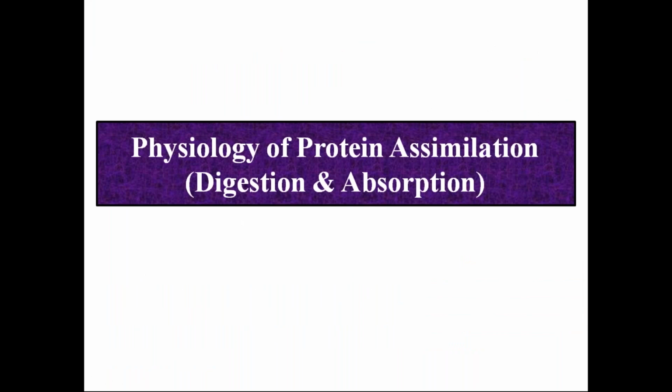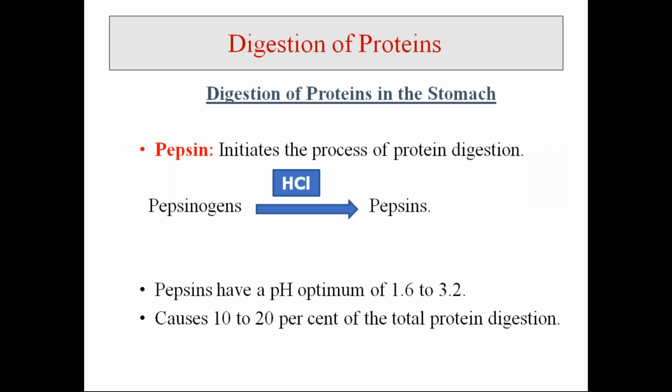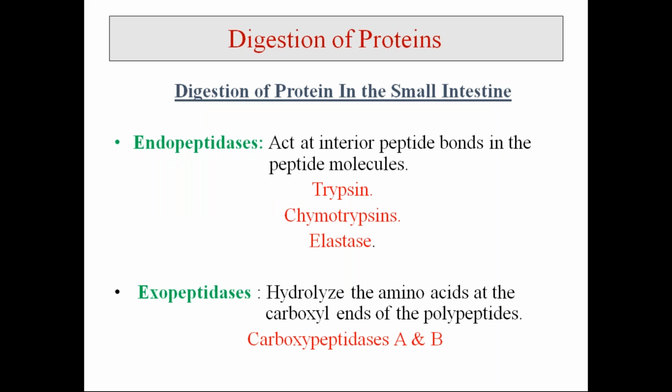Right? Now we come to the next nutrient, that is protein assimilation. The physiology of protein assimilation has nothing much to do here. You know the enzymes: you have pepsin, then the endopeptidases and the exopeptidases. Endopeptidases are basically contained in the pancreatic juice. They act on the interior peptide bonds, so they are known as endopeptidases.